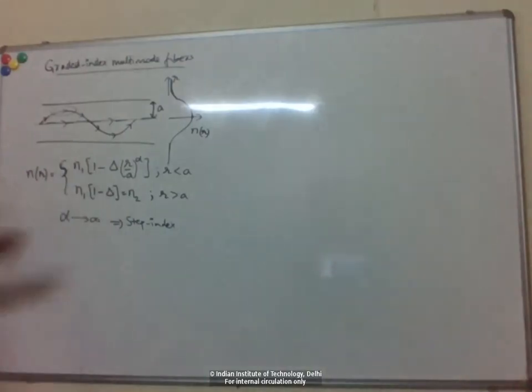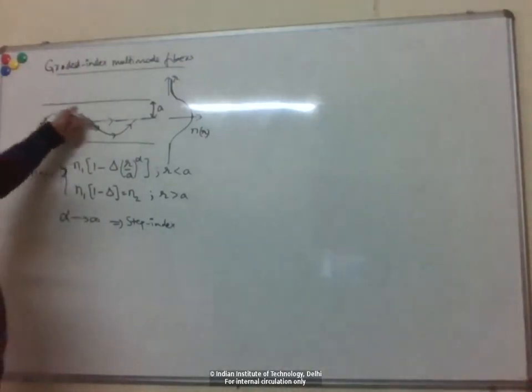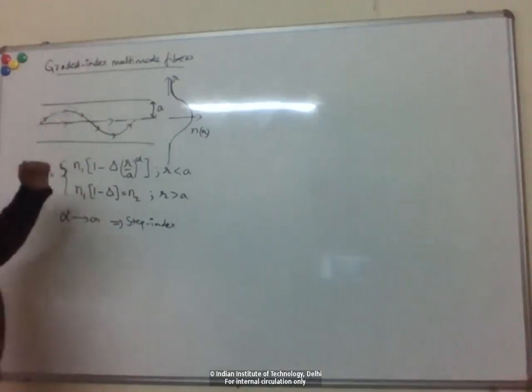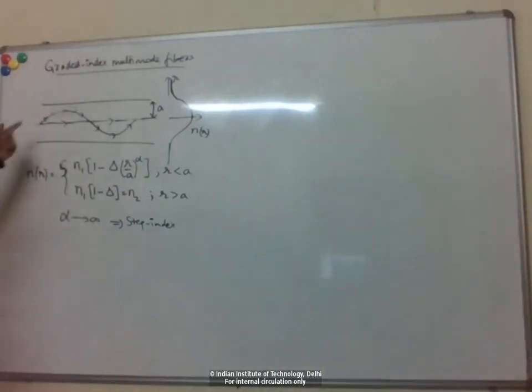But anyone can do that, and from this qualitative argument, you can already see that gradient index fibers would be better than step index, right? Because the rays traveling a longer path are also traveling faster.